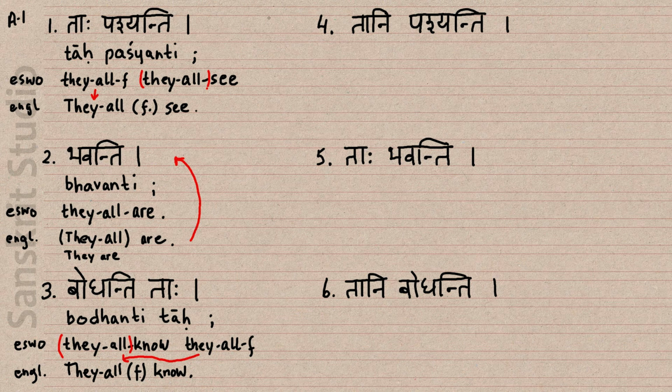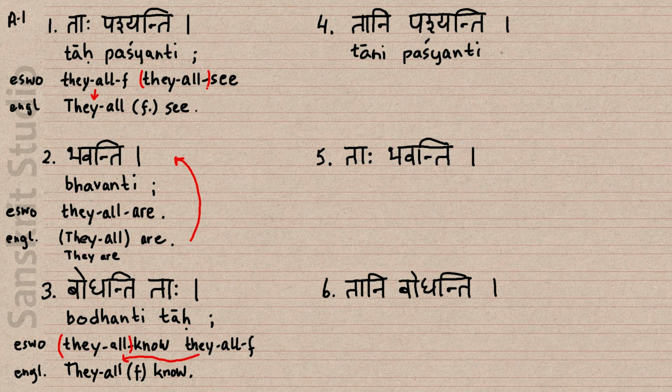Alright, so let's move on to number 4. Tani. Let's start with Tani. It's a pronoun, Tani, and we have Pashyanti. So it's about Pashyati, it's about seeing.